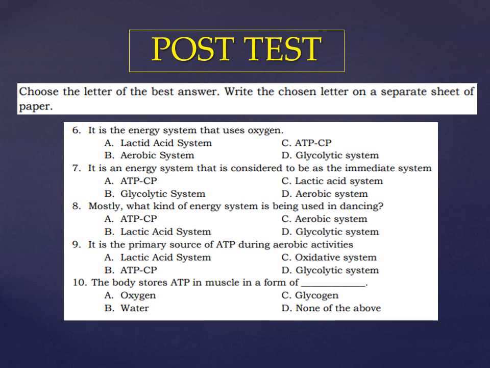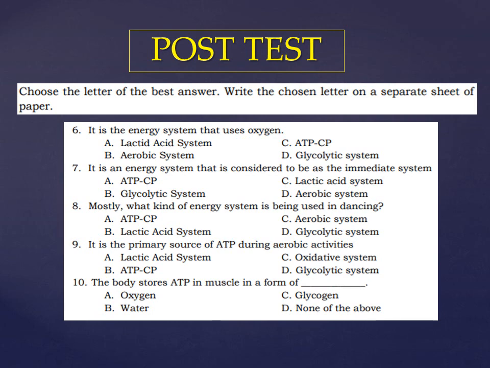Post-test number 6. It is the energy system that uses oxygen. A. Lactic acid system. B. Aerobic system. C. ATP-CP. Letter D. Glycolytic system. 7. It is an energy system that is considered to be the immediate system. A. ATP-CP.